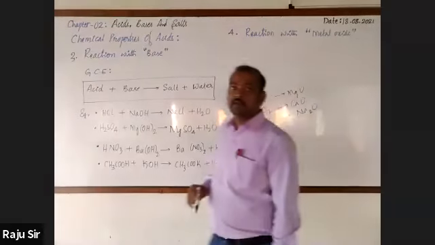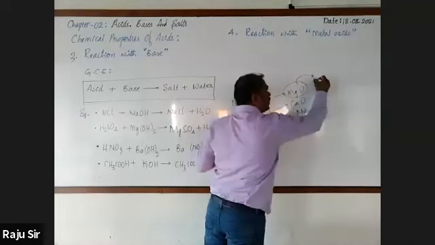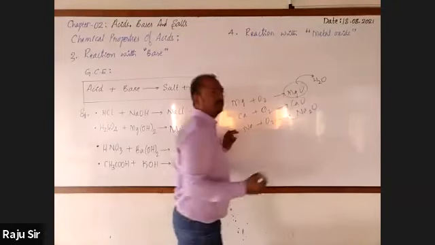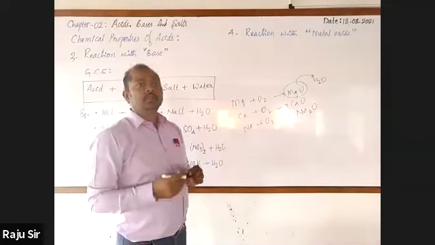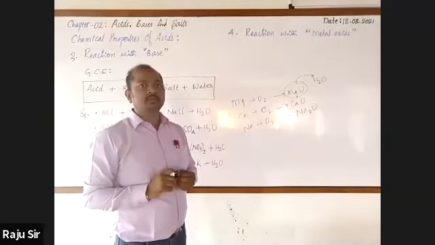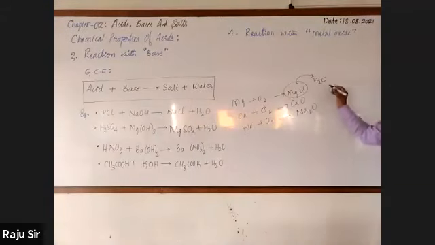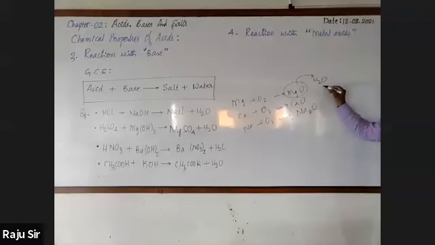Now, what happens when magnesium oxide is dissolved in water? Magnesium hydroxide, Mg(OH)2. When it is dissolved in water, you'll get a solution. Test that solution using litmus paper.